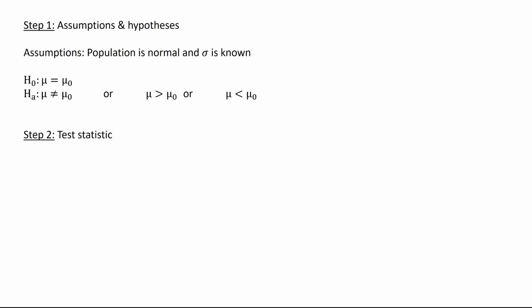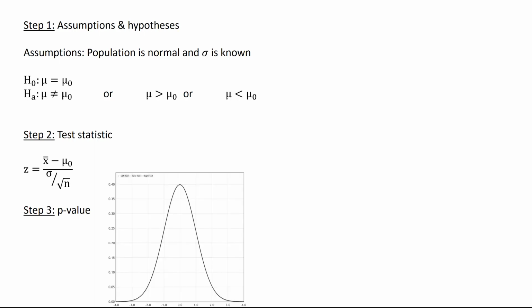Step 2 is to compute the test statistic. The z-test statistic is equal to the sample mean minus the hypothesized population mean, divided by the standard error, which is equal to the population standard deviation over the square root of the sample size. In step 3, we look up the p-value.